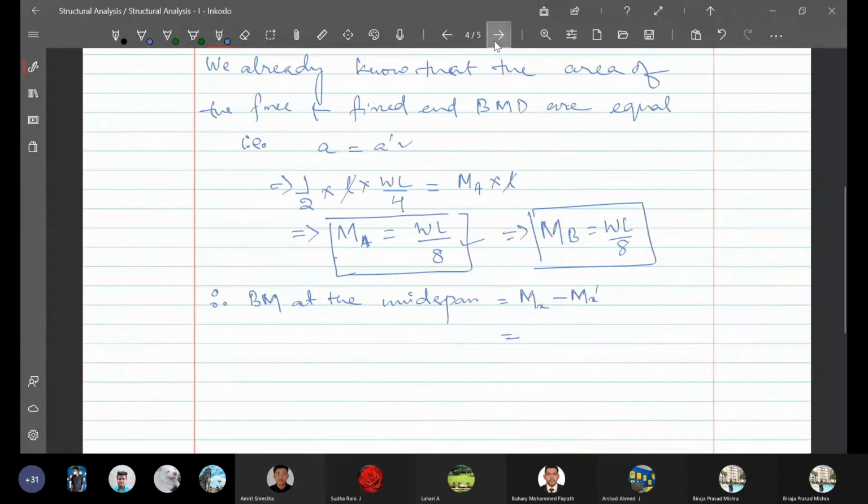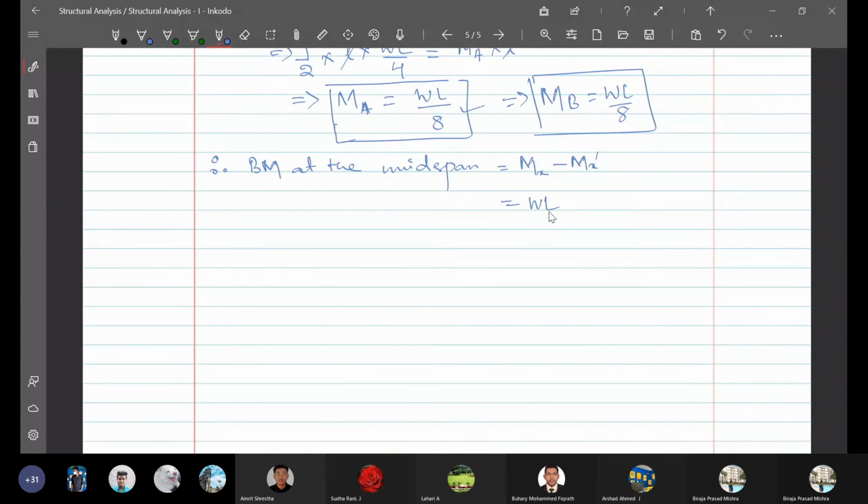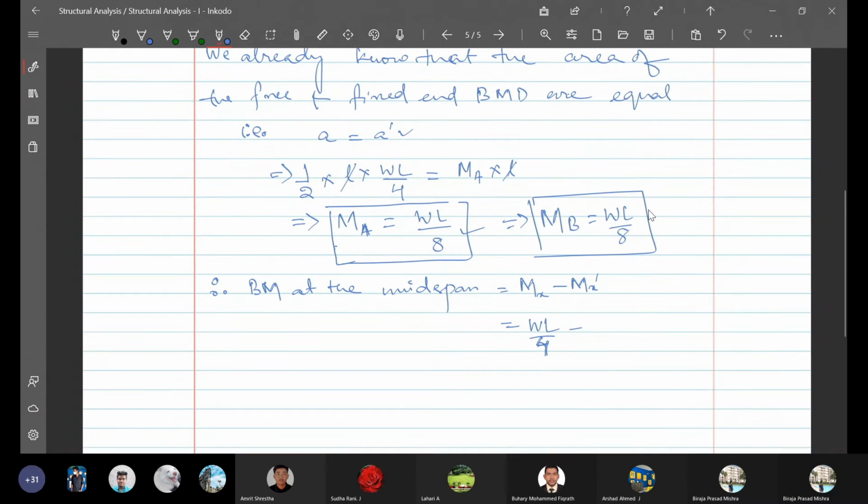If that is the case, then what is the bending moment? It is WL by 4 minus Mx bar. Mx bar we have calculated, it is WL by 8. So 8 is common, so 2WL minus WL.